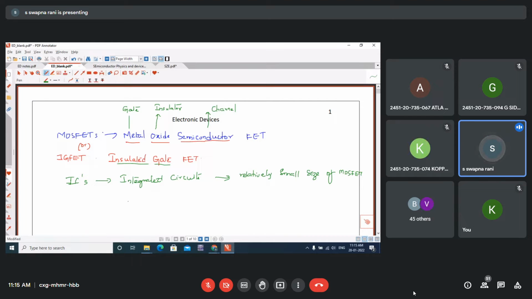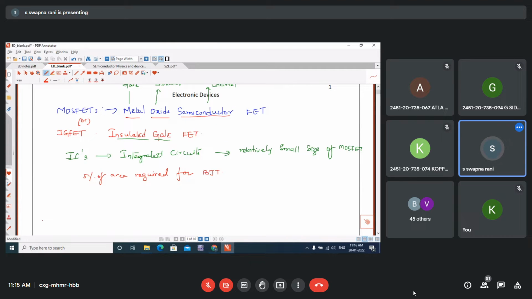Generally, the area occupied by a MOSFET is only 5% of the area required for a BJT. Out of the area a BJT occupies, only 5% is required for a MOSFET.